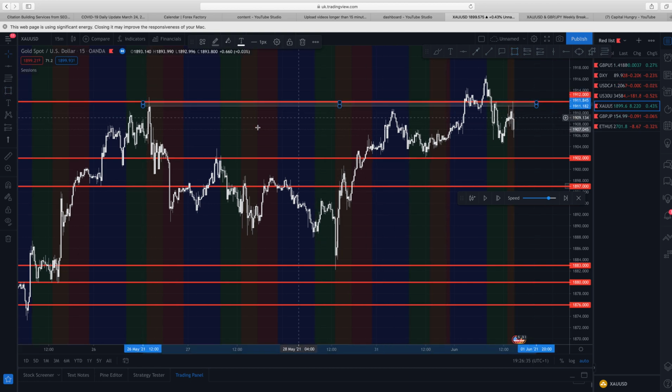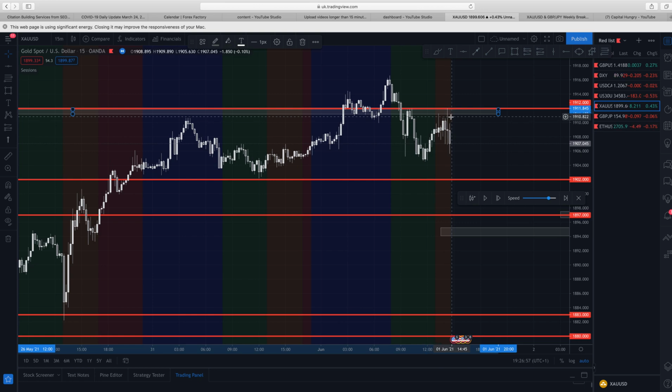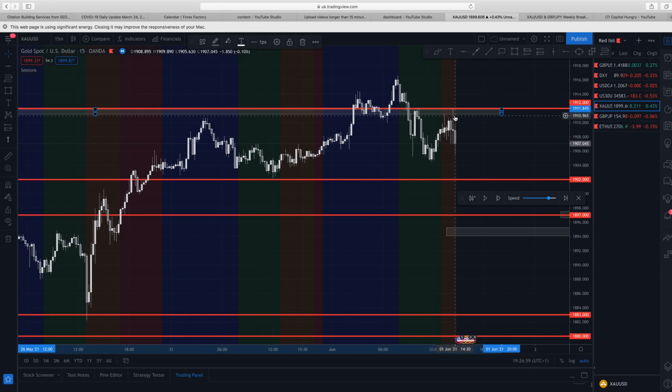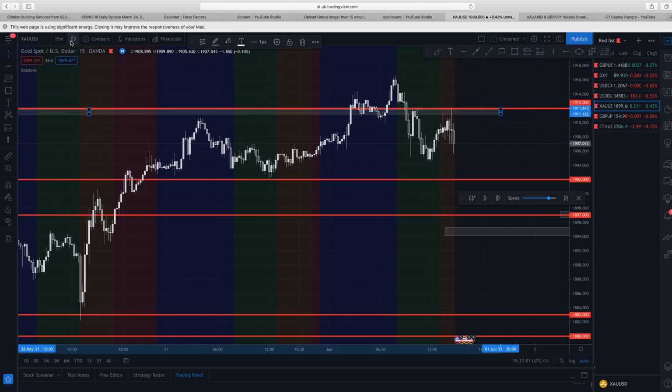You'd see that price has tested the high, had its attempted push up, created the higher high, but failed to stay above. Sign of exhaustion. Push back down, failure to close back above and continue the bullish market structure, and the wick rejections of 1912.